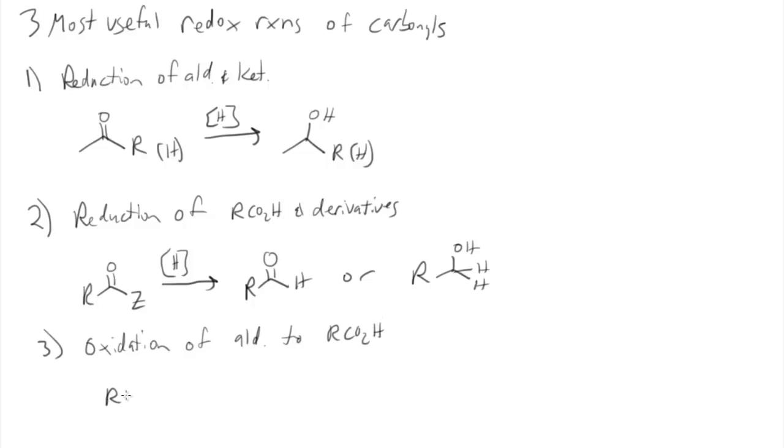The third example is the oxidation of aldehydes. So this is going to be a generic oxidizing agent now, up to a carboxylic acid. Remember that you can't oxidize ketones up to a carboxylic acid because they don't have a hydrogen here that can leave. So if we have a ketone, we can't do this oxidation.